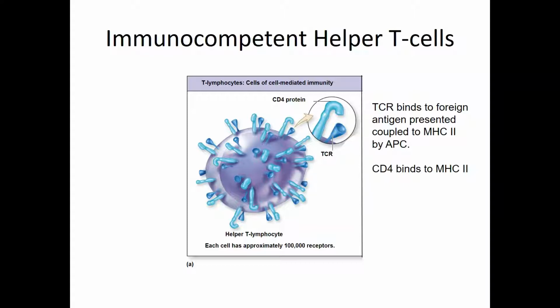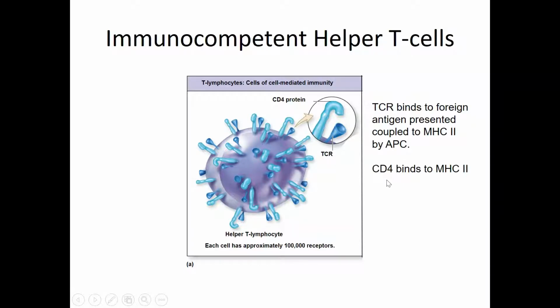Unlike B cells, whose antigen receptor on the surface can bind to an antigen in any form, helper T cells are extremely picky and can only be activated by an antigen presented by an antigen presenting cell, such as a dendritic cell.